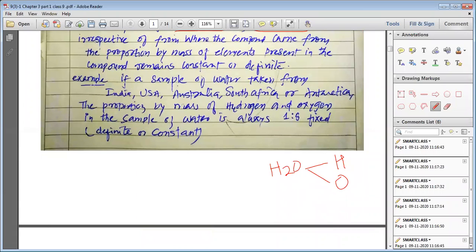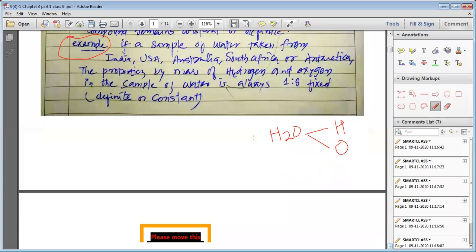Let us try to understand this with one example. Let us take an example to understand the law of constant proportion or definite proportion.